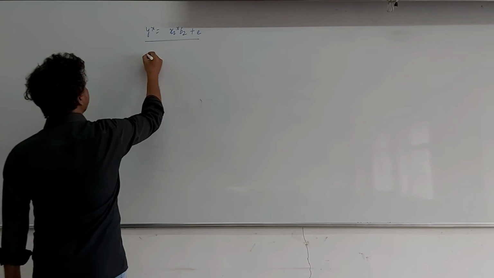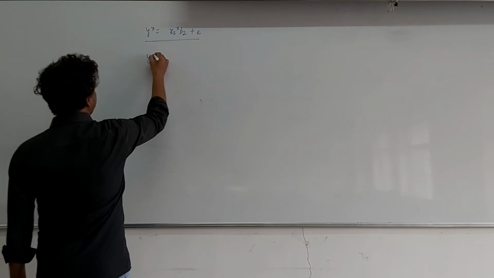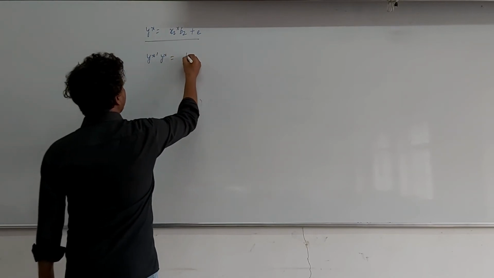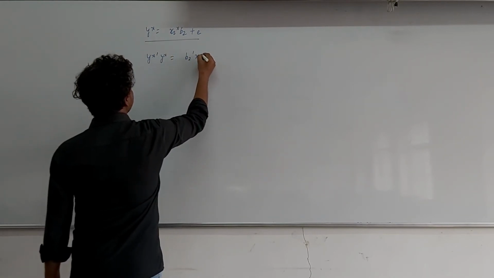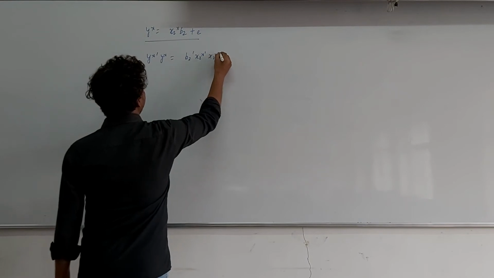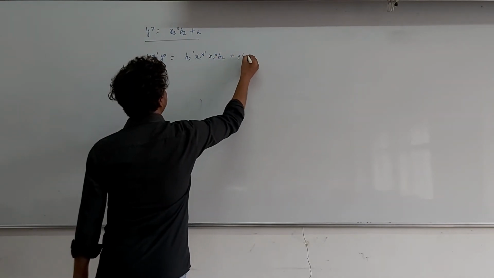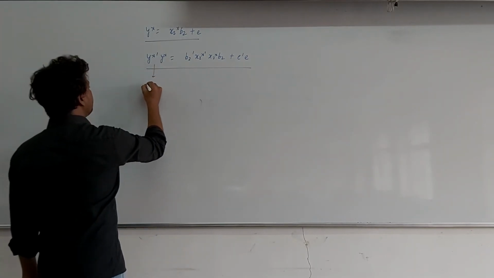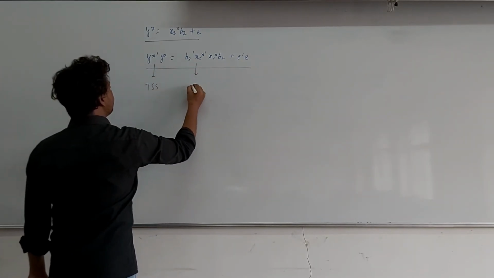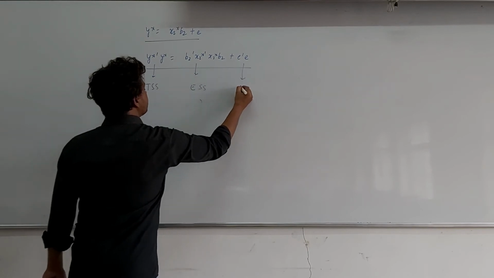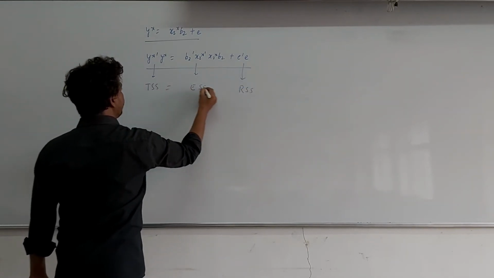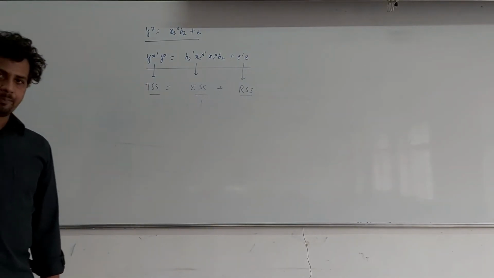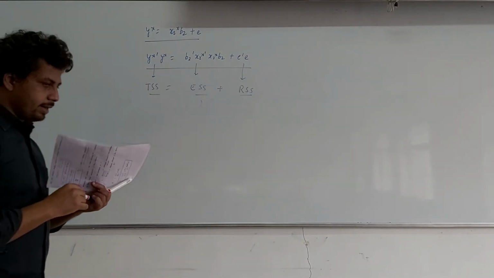So I can simply write it as y star transpose y star. ये क्या बन जाएगा आपका? बीटा टू ट्रांसपोज x2 स्टार ट्रांसपोज x2 स्टार बीटा 2 plus e transpose e. Right? So this term is your TSS, this term is your ESS, and this term is your RSS. So again your TSS is equal to ESS plus RSS. Chalega? Okay, now one very important point over here.